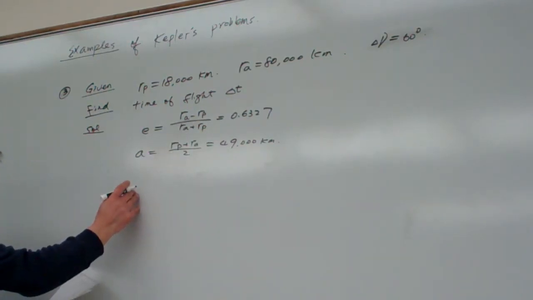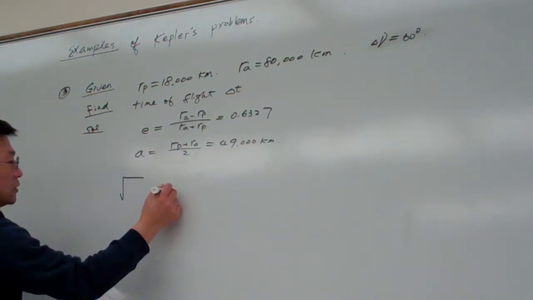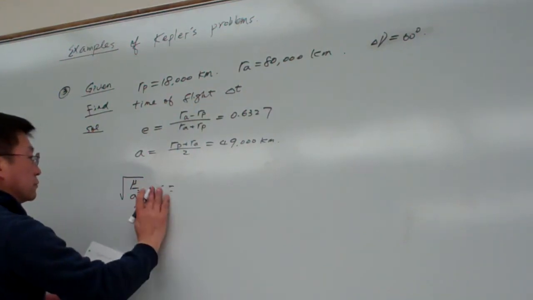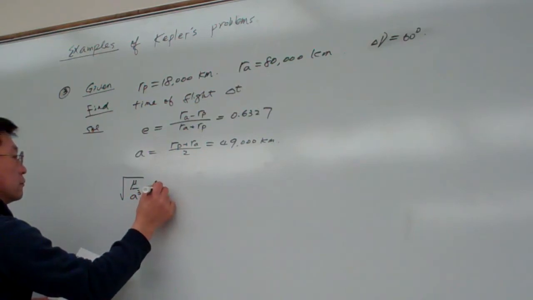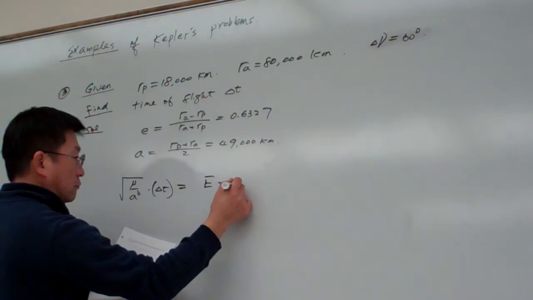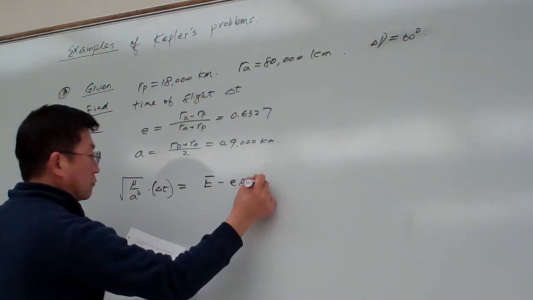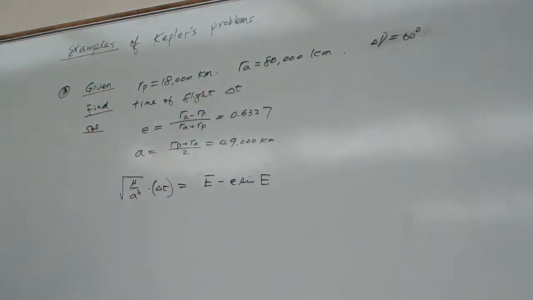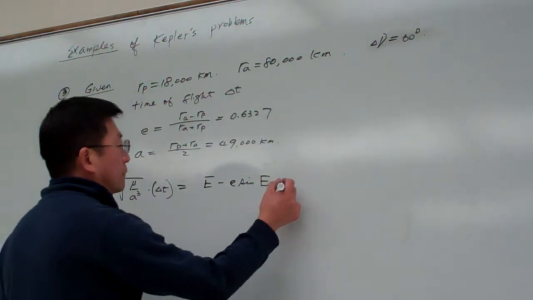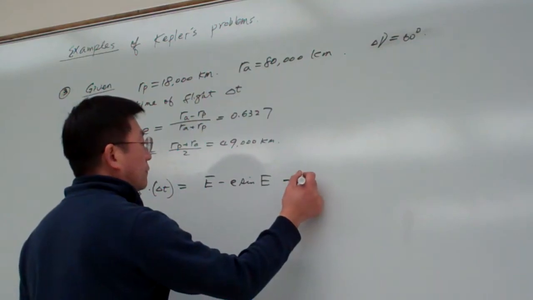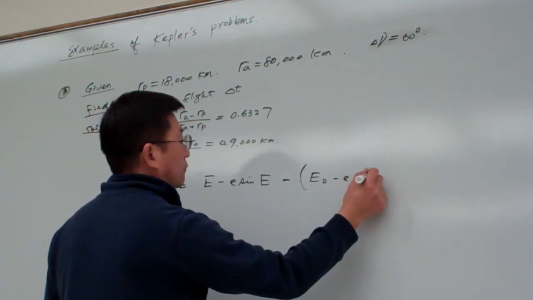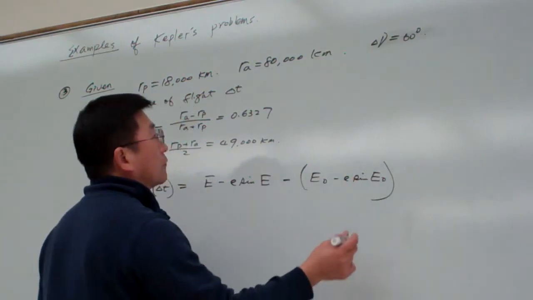So we pick up the Kepler's equation, which is this, delta T and mu A cubed.